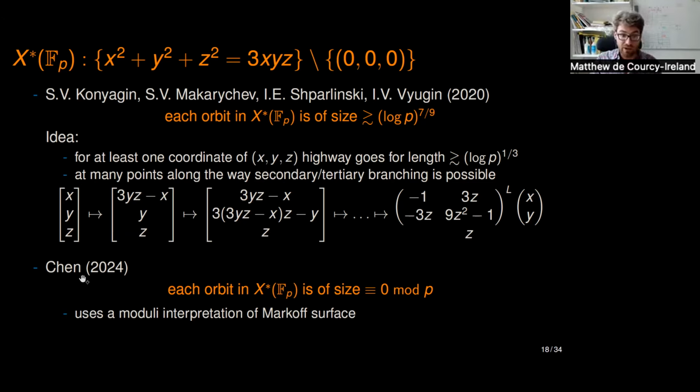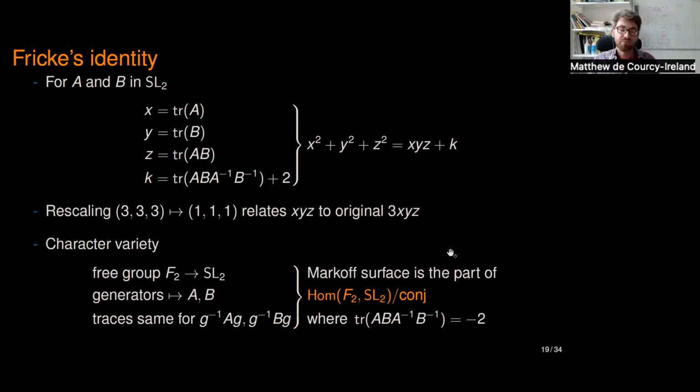On the other hand, Chen shows that each orbit is of size 0 mod p, and the proof is totally different. It uses a moduli interpretation of the Markov surface, which I'll try to sketch. So the underlying fact from linear algebra is Fricke's identity for 2 by 2 matrices of determinant 1.